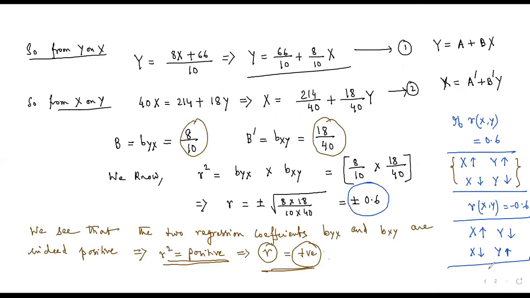Now we know that byx is given by the relation rxy into sigma y by sigma x. We have already found rxy, which is 0.6, and sigma x is known.